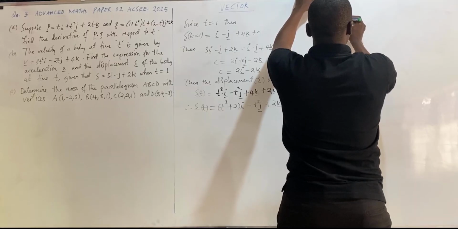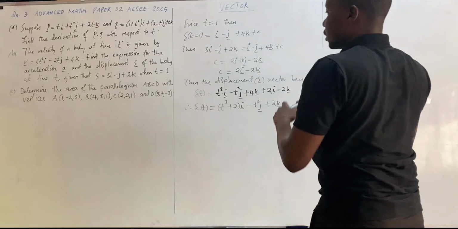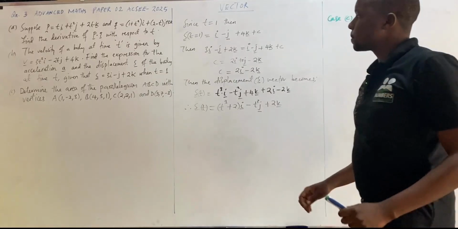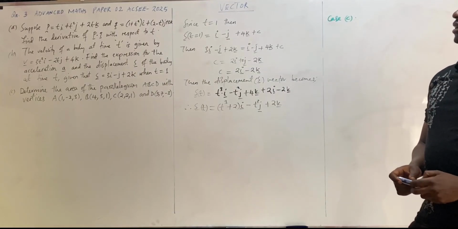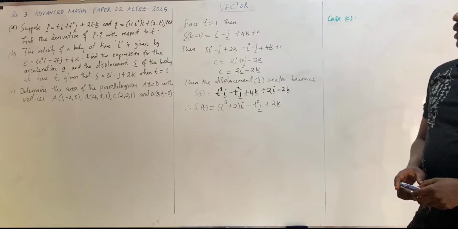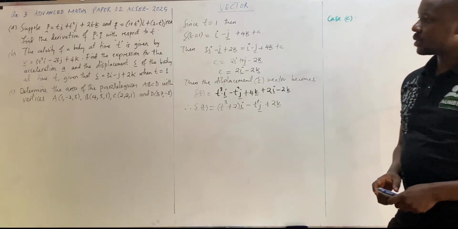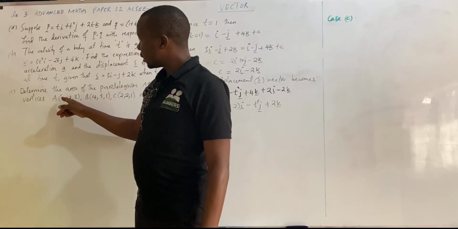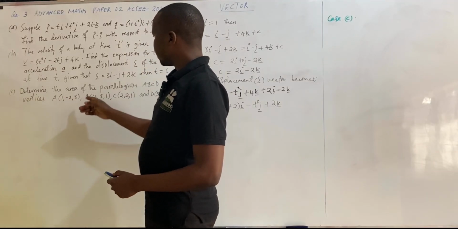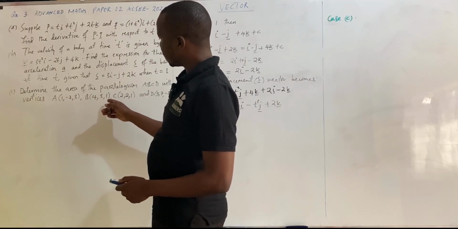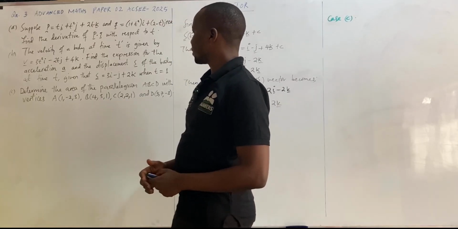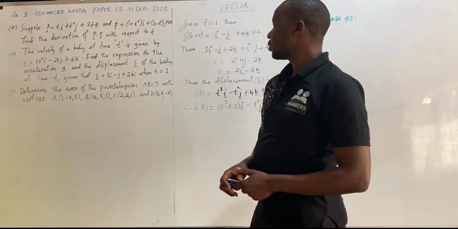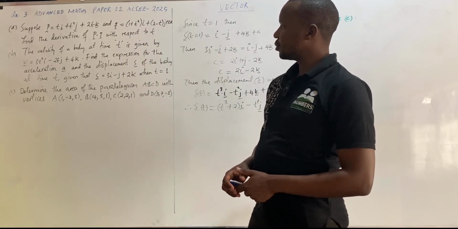Now part C, here we are told to determine the area of the parallelogram ABCD with vertices A given in terms of a 3-dimensional vector, and B, the point 4, 3, 1, these are positional vectors, and point C is 2, 2, 1, and D is 5, 7, negative 3.